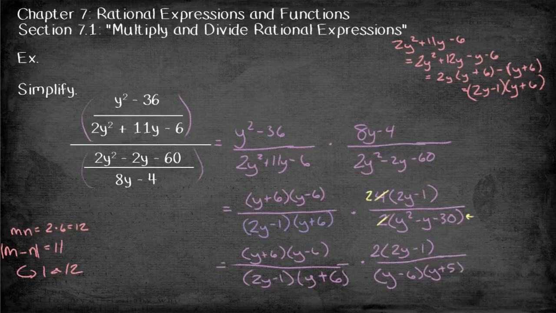Let's see, what divides out? 2y minus 1s, these y plus 6s, this y minus 6. Oh, and so actually we end up with something that is not so terrible, 2 over y plus 5. So again, this started out really ugly, but we actually brought out the expression's inner beauty. So we have 2 over y plus 5, very, very simple.